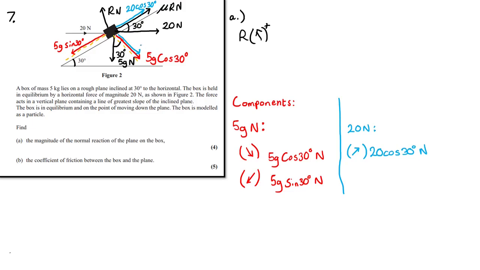Because this part doesn't contain the angle, this will be 20 sine 30 degrees, and that's for the part going down. So we've got everything we actually need now to go on and resolve this.